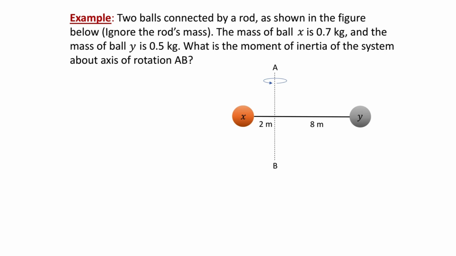Now let's solve this example. Two balls are connected by a rod, as shown in the figure below. Ignore the rod's mass. The mass of the ball shown by X is 0.7 kilograms, and the mass of ball Y is 0.5 kilograms.